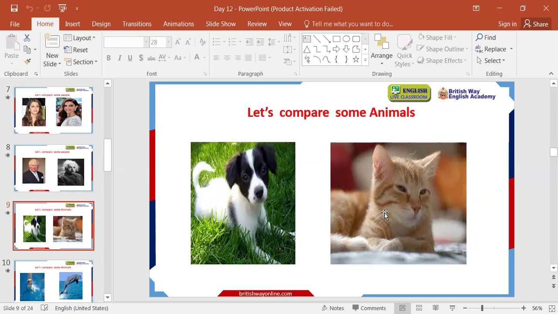Dog is cuter than cat. Cats are quieter than dogs, and dogs are more active than cats, and cats are more independent than dogs. Dogs are friendlier than cats.